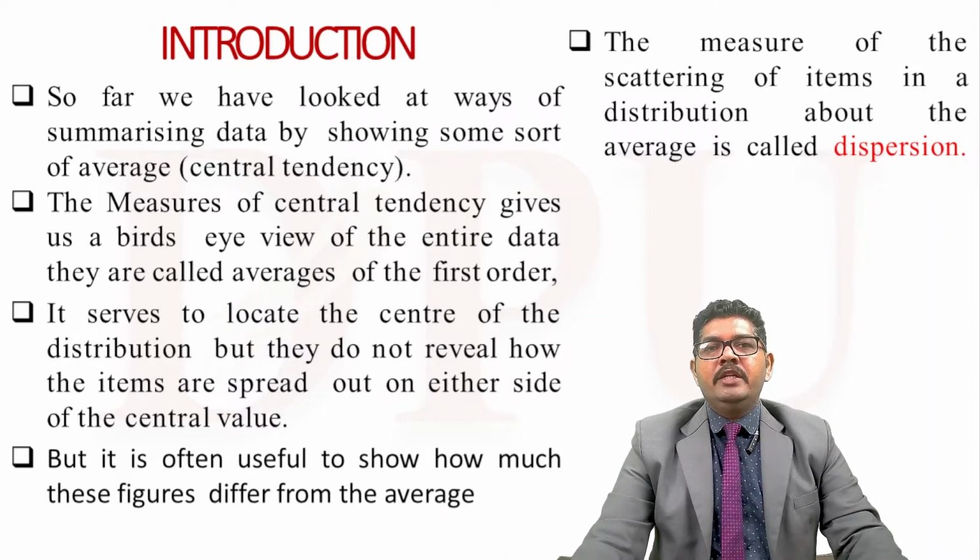So it is very essential to understand how these values are spread out from the central value, and how all the values differ from the central value, that is the averages. The measures of the scattering of items in a distribution about the average is called dispersion. So how the data is spread out from the central value is dispersion.